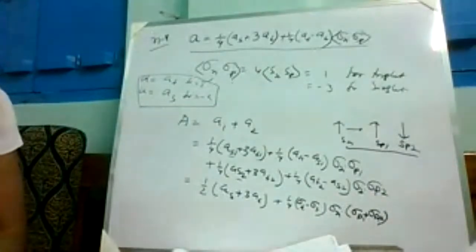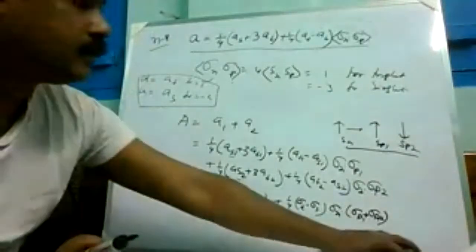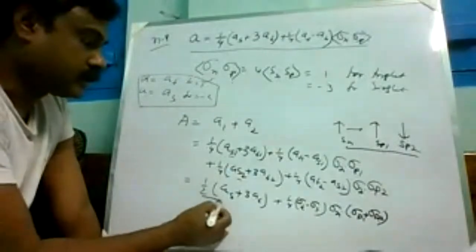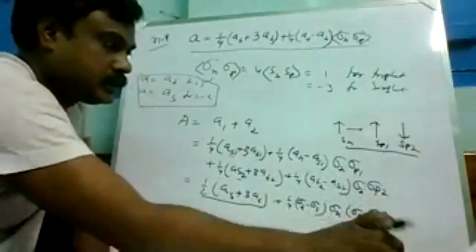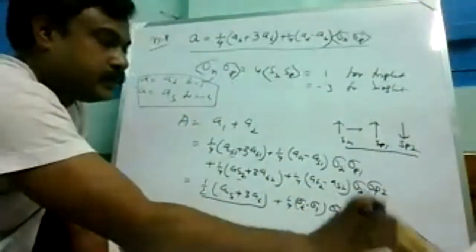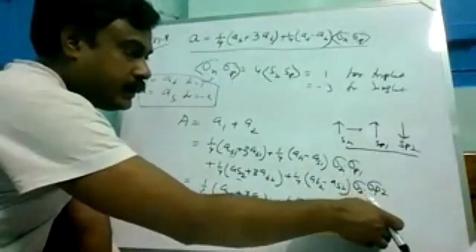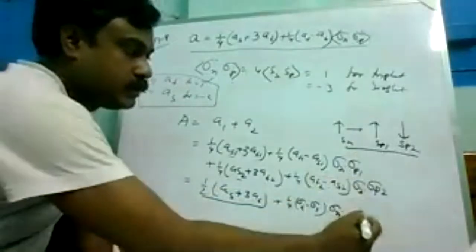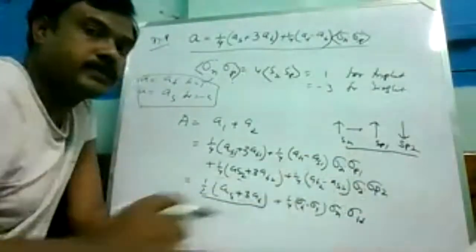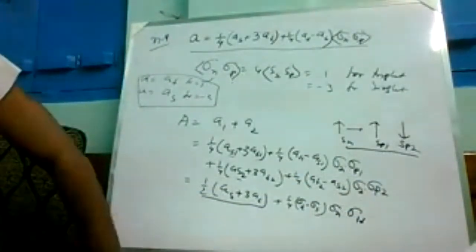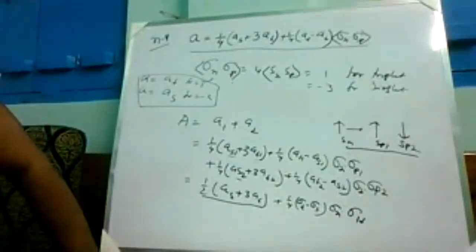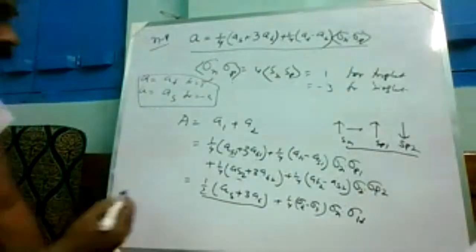Now for the hydrogen molecule, this sigma P1 plus sigma P2 will be sigma H. So this is the expression.